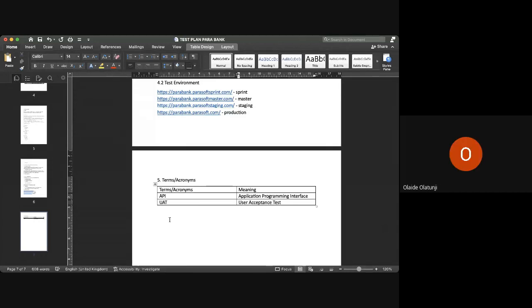We can now have things like, okay, any other thing that you feel like you should add, you can just add them there. So much better.